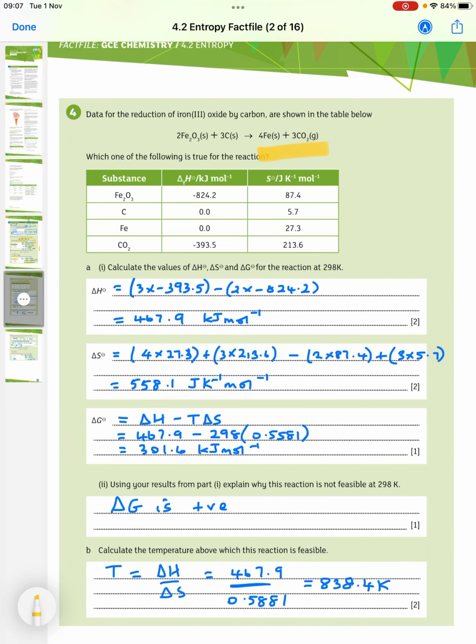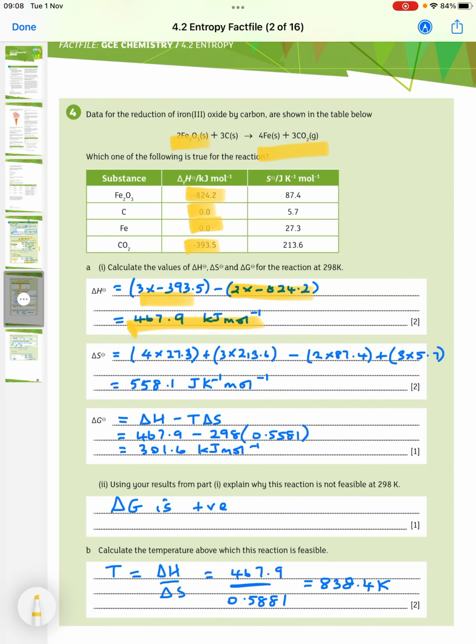So that's 3 by 393.5, which is negative, and then we have 2 lots of the iron oxide. So total then 467.9 kilojoules per mole. The carbon and the iron don't feature because they're both 0, because they're elements in their standard states.